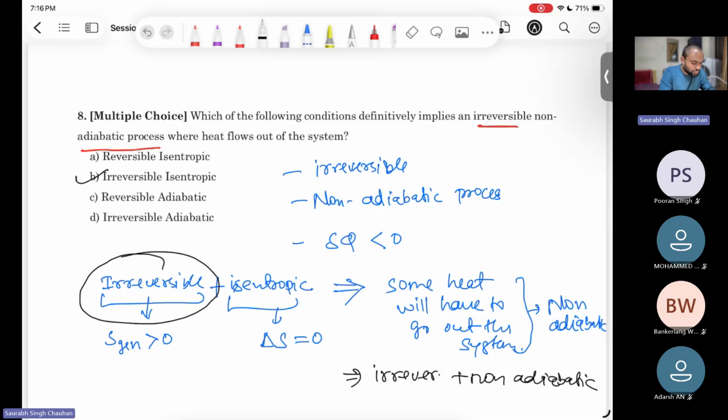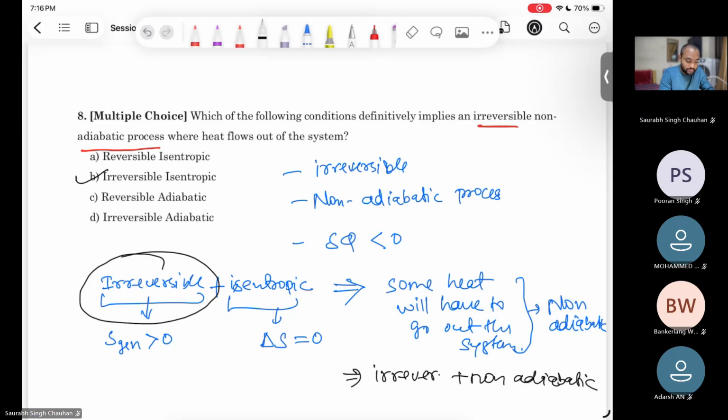But usually when we consider an isentropic device, like an isentropic compressor or turbine, then usually we assume that the process is reversible. Okay. So there are two things: one is concept and context.